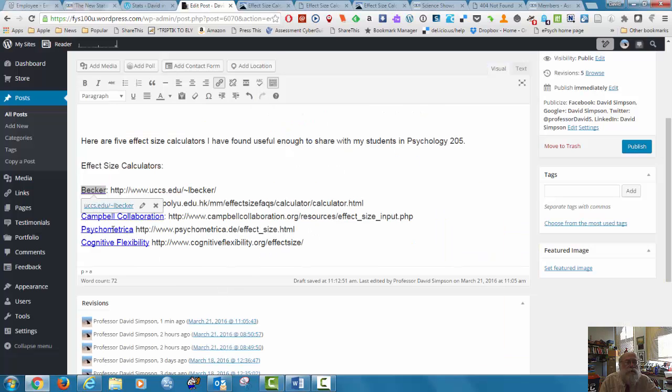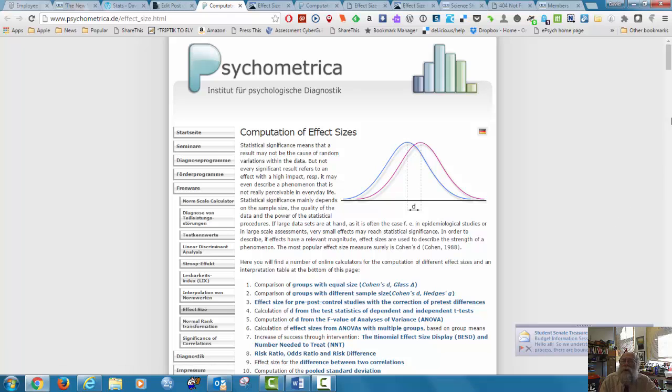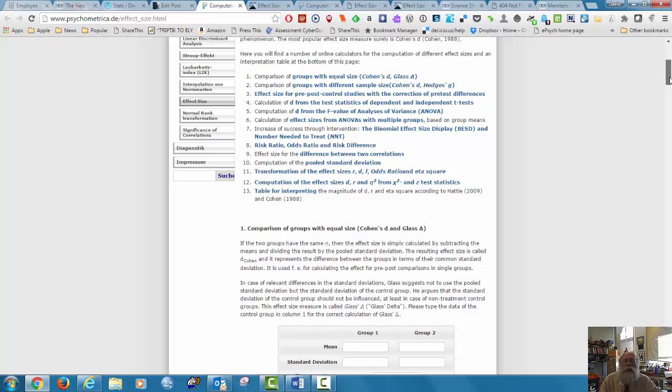Here is one from Psychometrica. So that I don't make this too long. And this is kind of nice. Slight variations. There's comparison of groups with equal sizes.